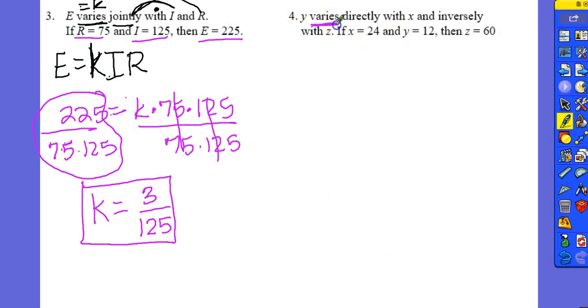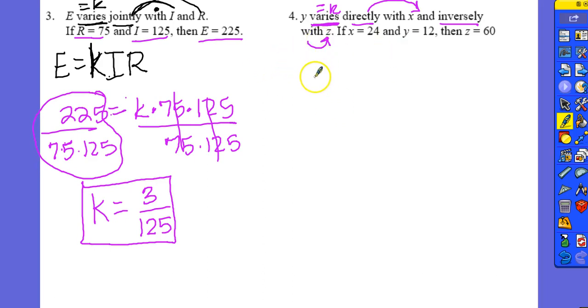Y varies directly with X and inversely with Z. So what kind of variation is this? It's a combination. You got a direct and an inverse.